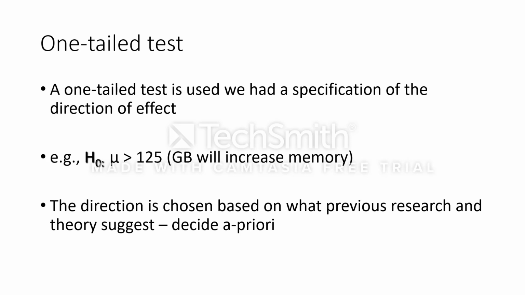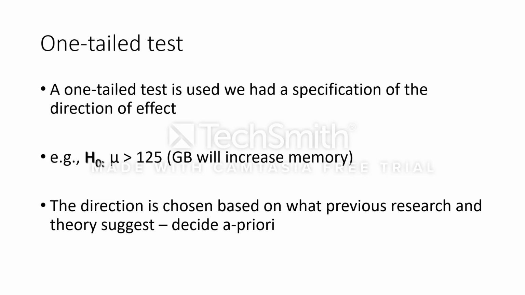So a one-tailed test is used when we have a specification of the direction of the effect, and we're able to specify that direction a priori, in advance of us collecting any data. So the direction that you're going to make your hypothesis in is just based on common sense, previous research, and theory that you've read about, right?